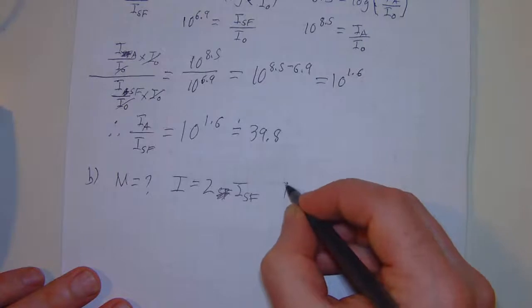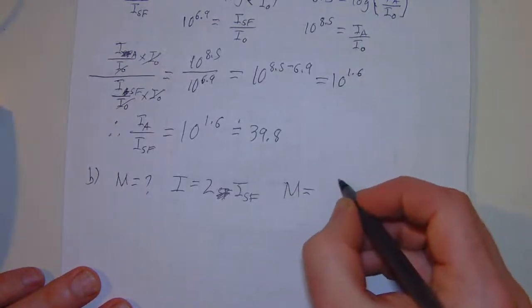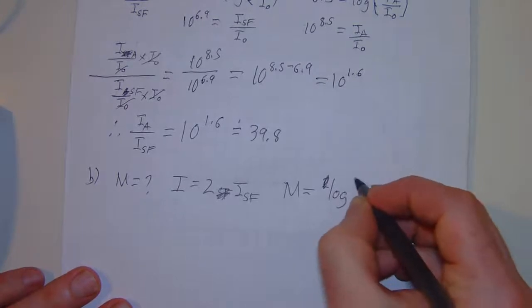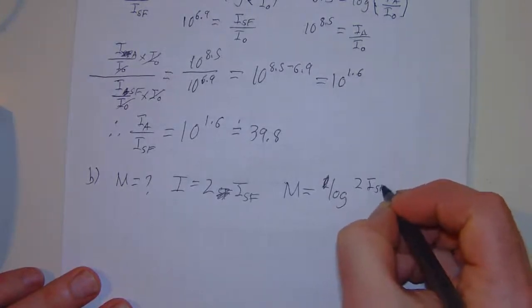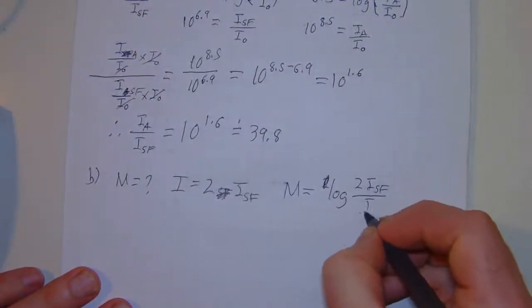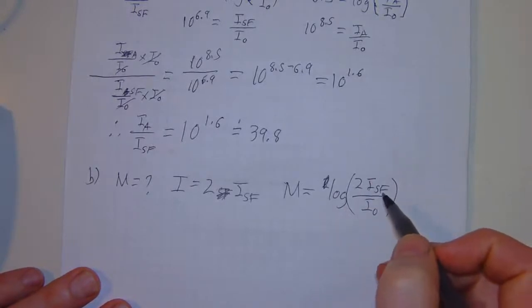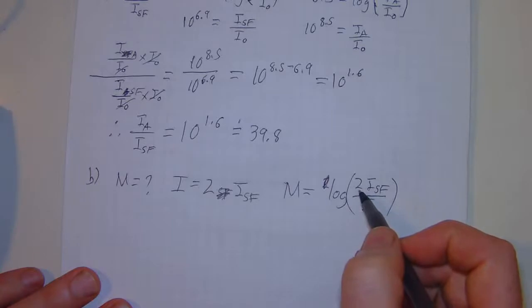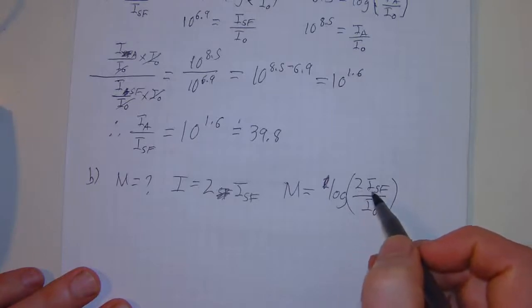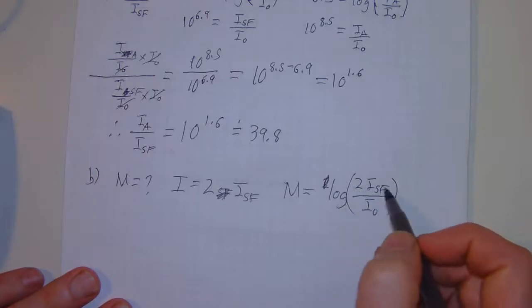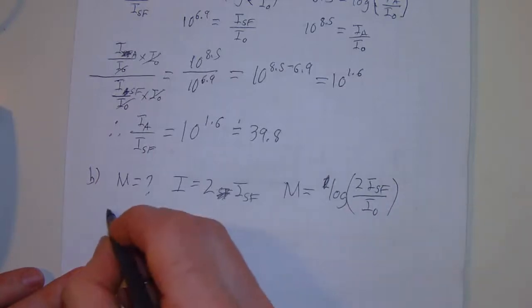So we have magnitude equals log of 2 times the intensity of the San Francisco earthquake divided by the reference intensity. We know from our logarithm laws that if we have a multiplication, we can make that into a sum of logarithms.